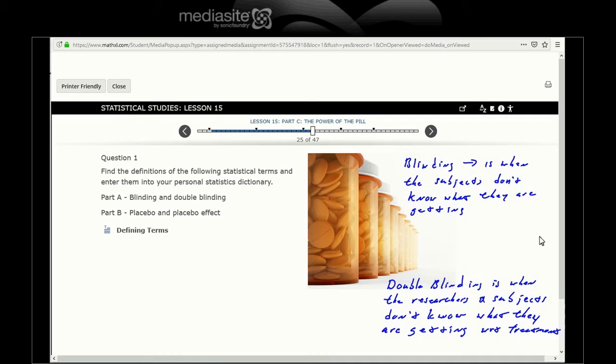So, when the researcher comes out with their tray of pills, and subject 1 gets cup 1, subject 2 gets cup 2, a third party organized the treatment schedule.